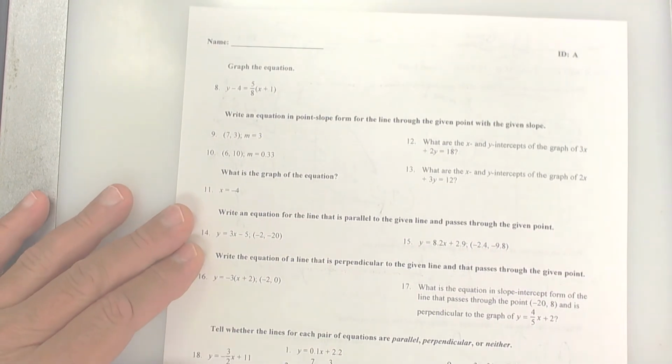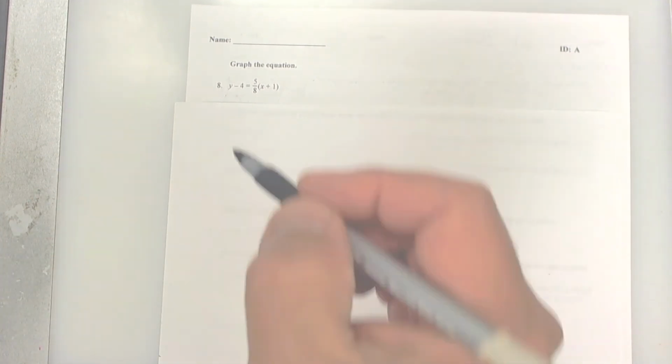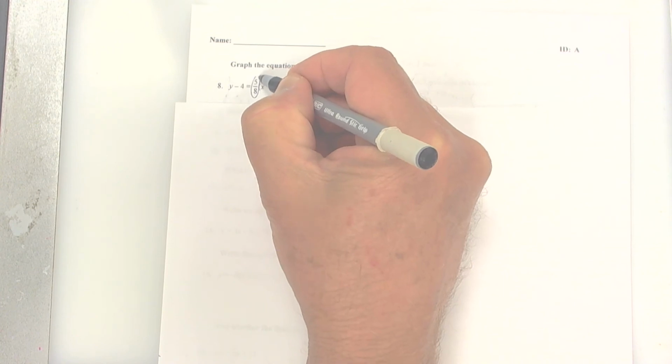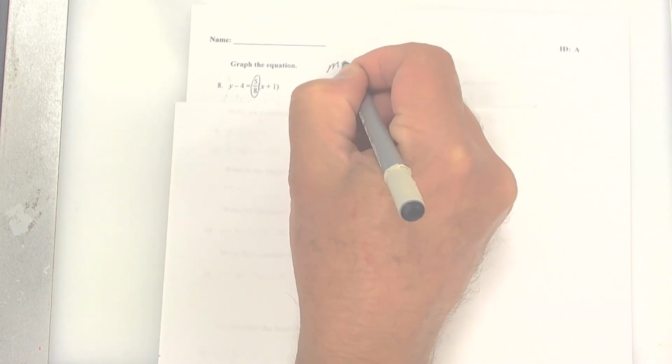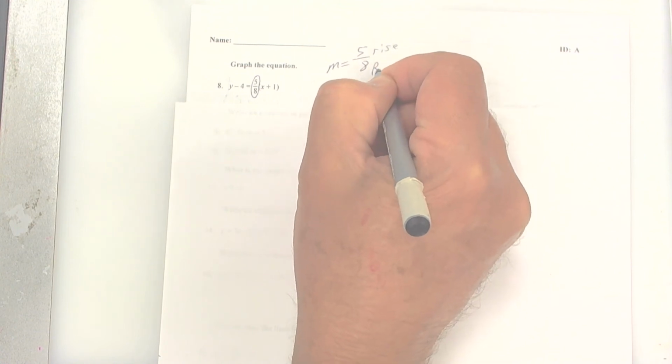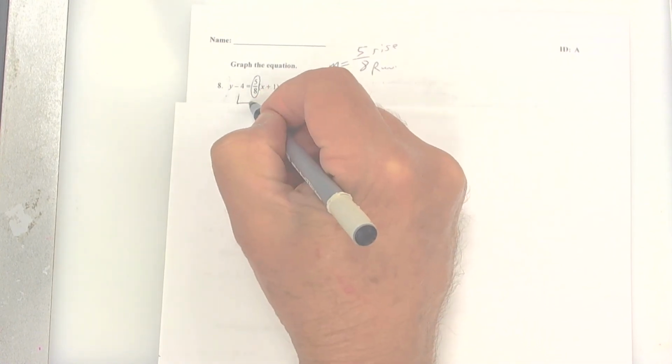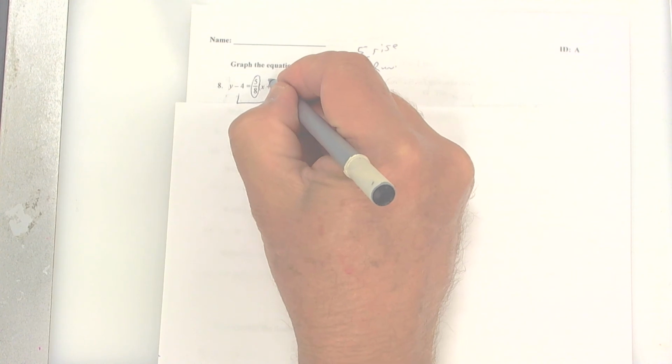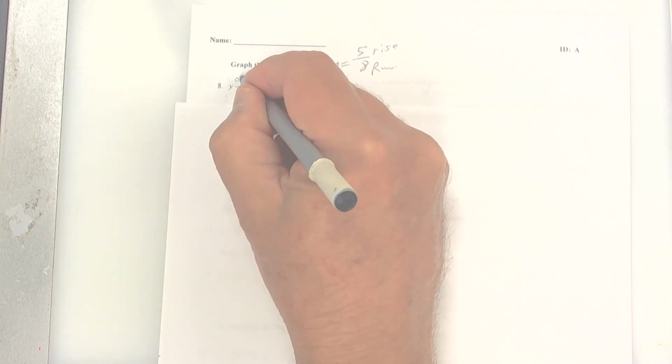On the back side, they want you to graph the equations. Well, let's talk about this. Here's your slope. So your slope is 5 over 8, rise over run. Your point is right here, but remember it's the opposite of this.